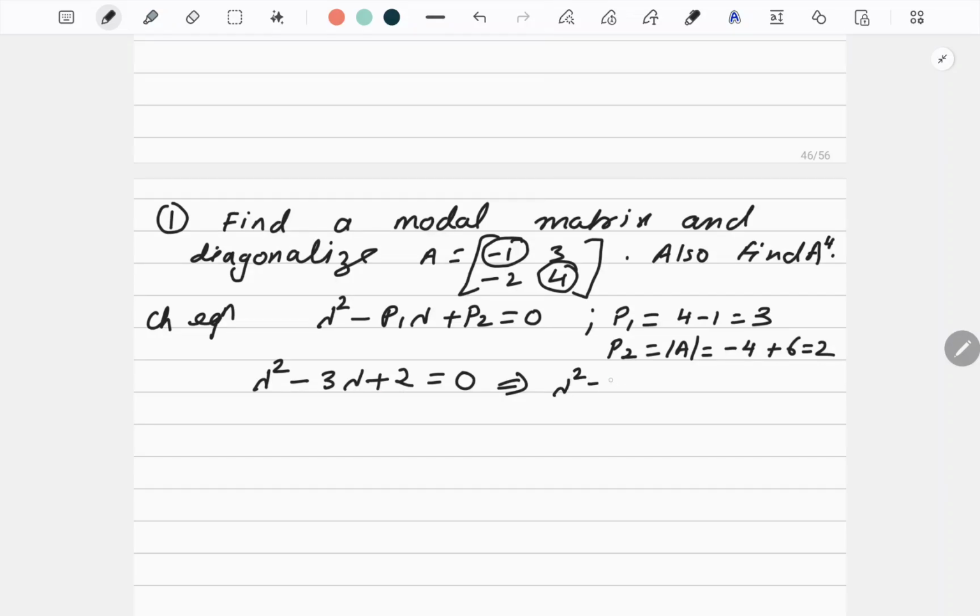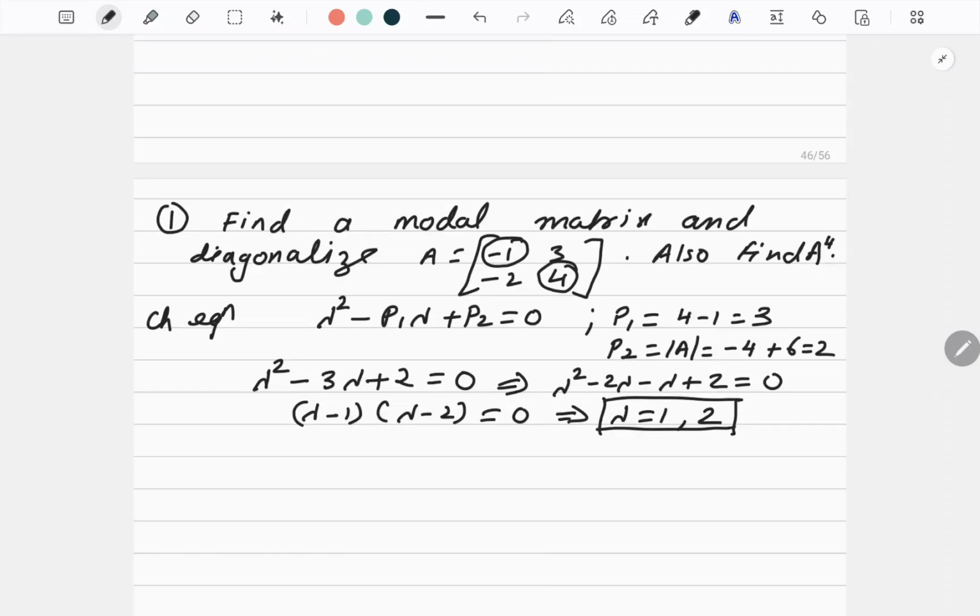So lambda square minus 2 lambda minus lambda plus 2 is equal to 0, and this gives lambda minus 1 times lambda minus 2 is equal to 0. This implies lambda is equal to 1 and 2. So this is the set of my eigenvalues. Again, I suggest that instead of doing this by hand, use the calculator so that you get the practice.